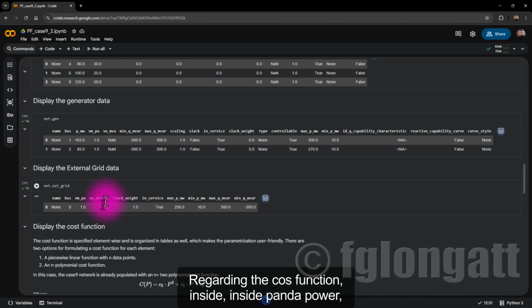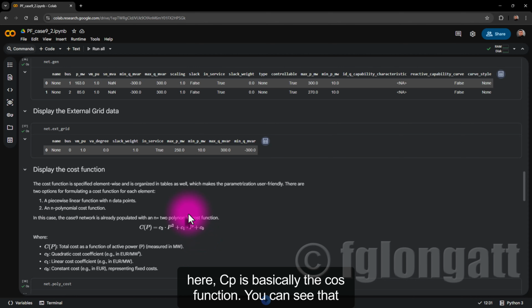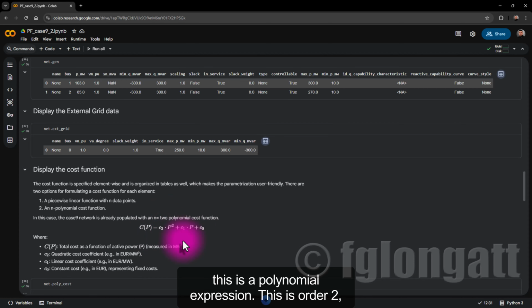Regarding the cost function, inside PandaPower, you can use several ways to represent the cost function. However, for my students, I usually suggest that they use the polynomial cost function. As you can see over here, CP is basically the cost function. You can see that this is a polynomial expression.